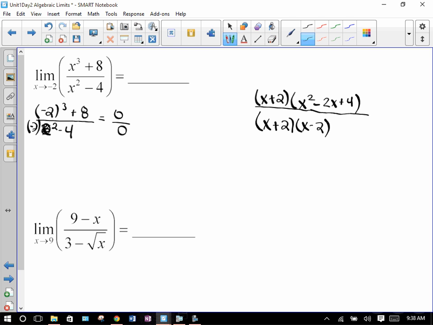Again, we notice that the x plus 2 cancels out, and the x plus 2 cancels out. Now we are left with x squared minus 2x plus 4 divided by x minus 2. At this point, what are we going to do?